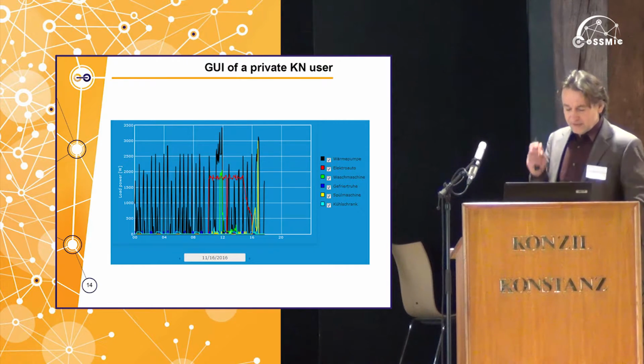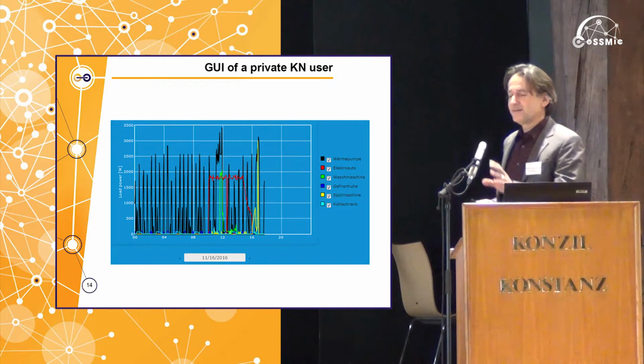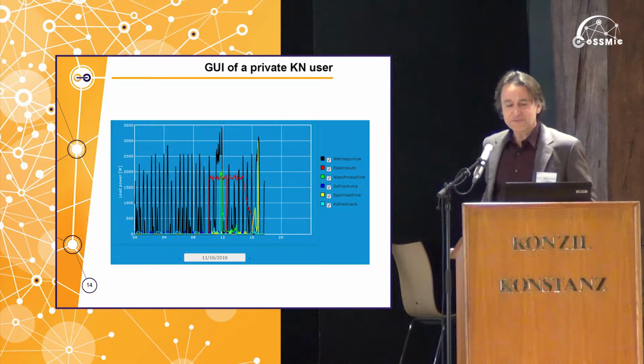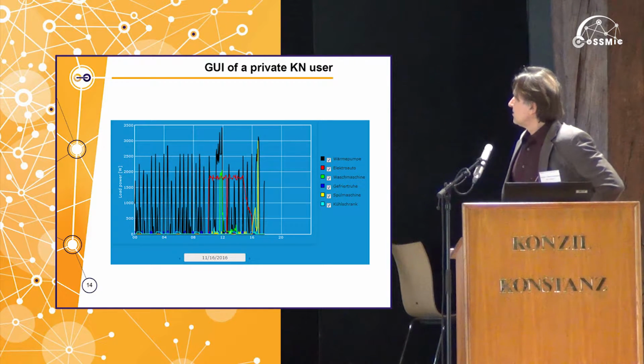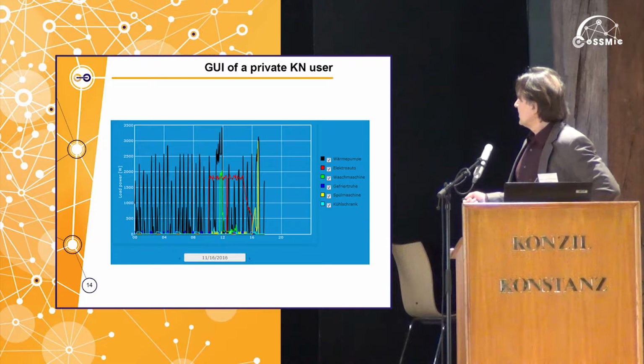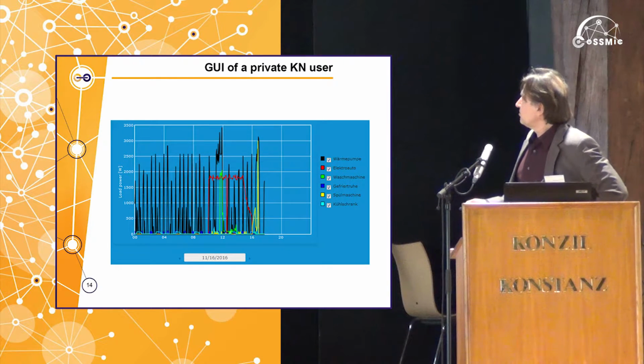Now, let's go a little bit more in detail on what we have measured and what we could learn from the measurements. There's a graph of a private user in Konstanz. You see there's a heat pump, an electrical car, a dishwasher, a freezer, a washing machine, and a refrigerator. And they are all measured.